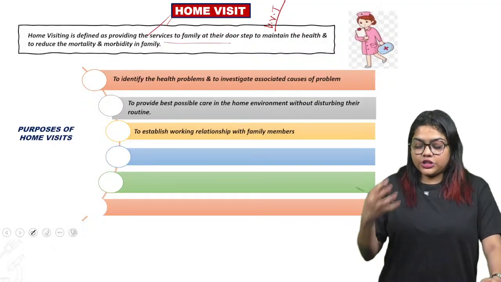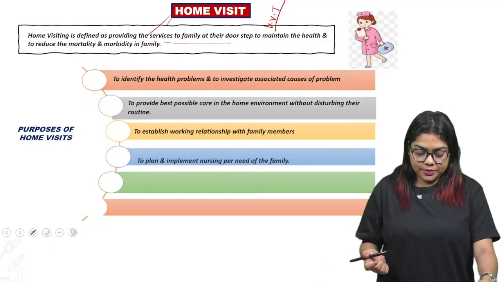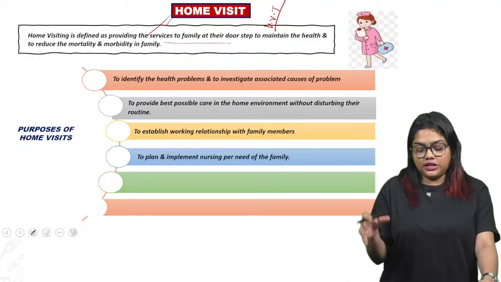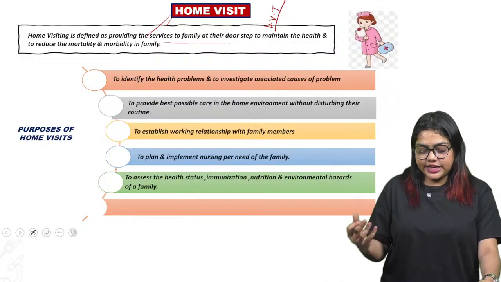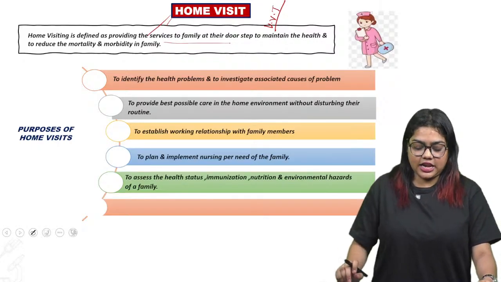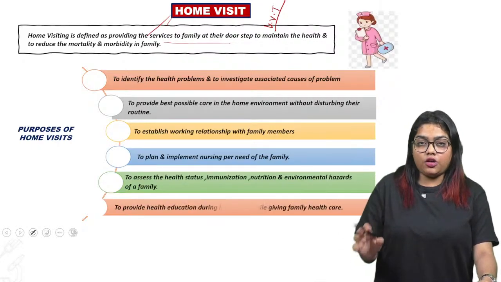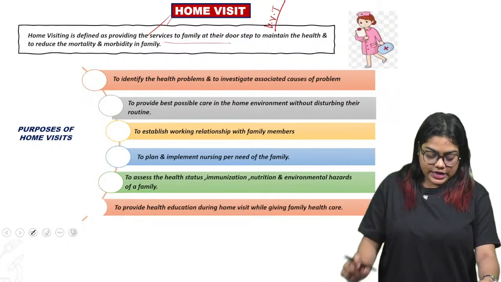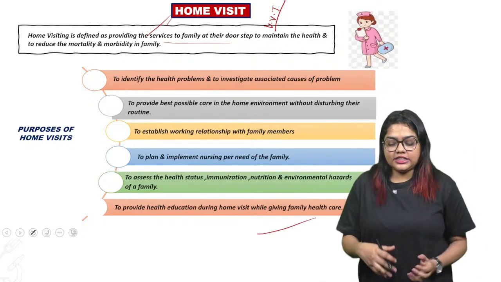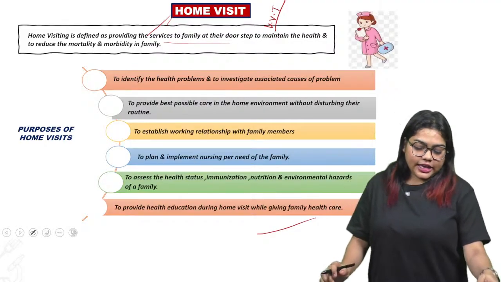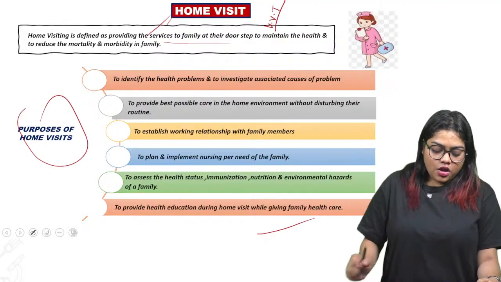Then to establish a working relationship with the family members, to plan and implement nursing per the need of the family, to assess the health status, immunization, nutrition and environmental hazards of a family which can affect their health, and to provide health education during the home visit while giving the family health care. So these are the purposes of home visit.